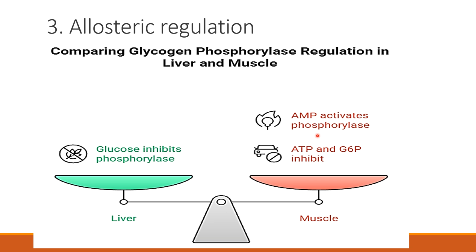When coming to the muscles, AMP mainly activates glycogen phosphorylase B, while ATP and glucose 6-phosphate inhibit it. If ATP and glucose 6-phosphate are there, it indicates that adequate energy is there, thereby inhibiting the enzyme activity.